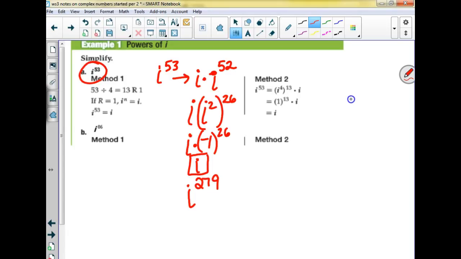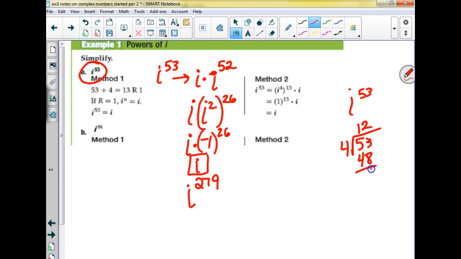The book would say we started with an i to the 53. Well, every 4 of those cancels out and goes away. If you divide 53 by 4, okay, you get 12 is 48. What's the remainder?